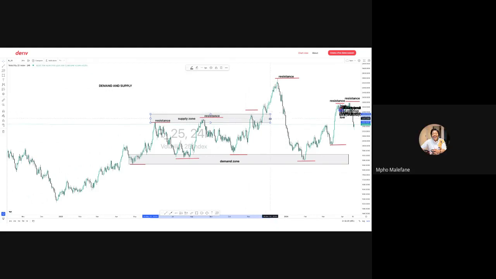The moment it broke out, just draw it. Don't worry, just draw it. But the moment the price of the market breaks out, it gives you a higher tendency that the price of the market might not come back to this price range that it was using before. You understand? So necessarily it might not come back. So you have to just put in new zones.